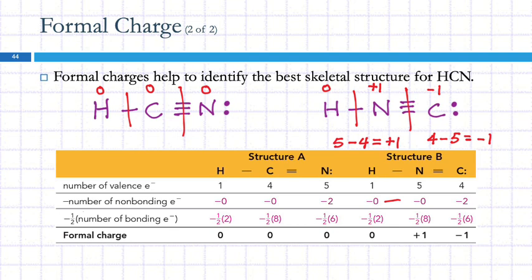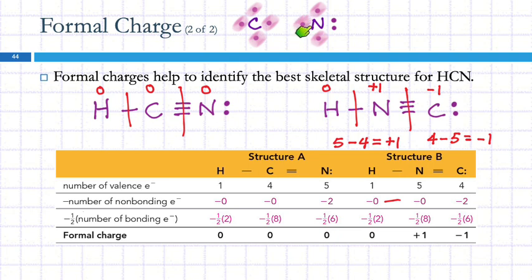So for formal charges, this goes back to what I said about looking at the atoms. So carbon has 4 electrons, and nitrogen has 5, just as an atom. And then if we're looking at how many of those are unpaired, carbon has 4, nitrogen has 3.